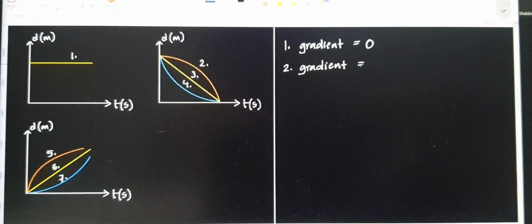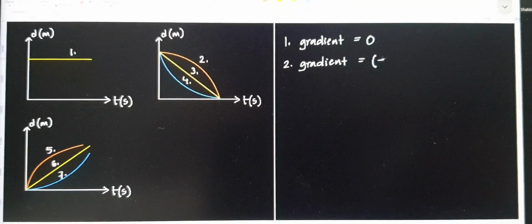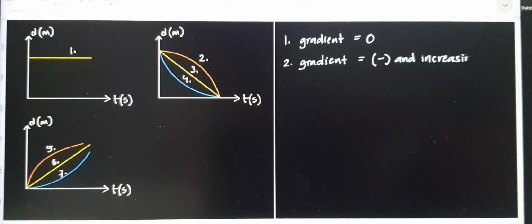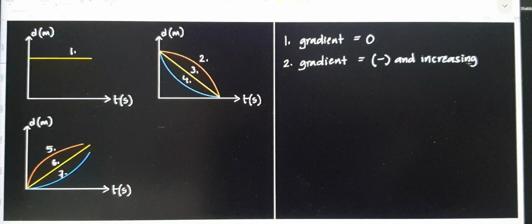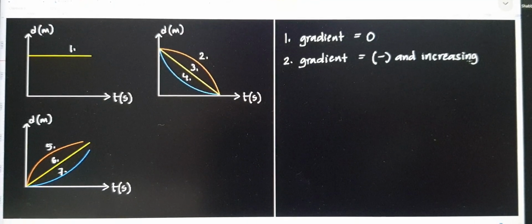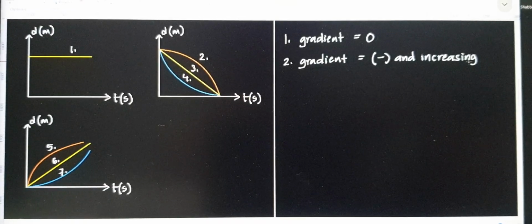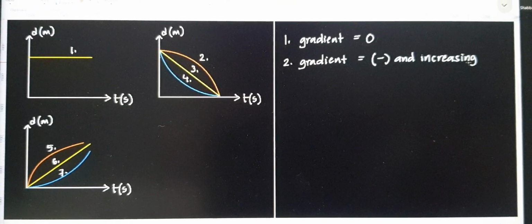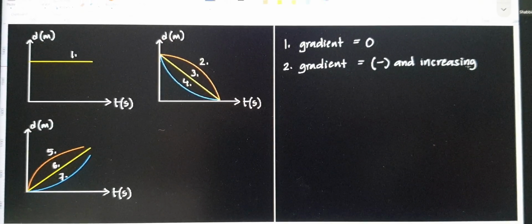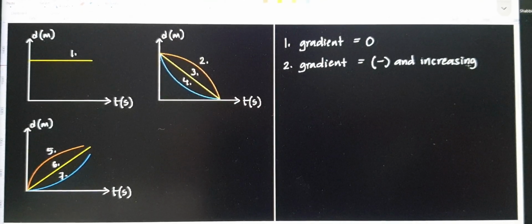Right? So negative, I understand. But how is it negative? And I am writing increasing. How do we know it is increasing? Negative though we understand. How do we understand? The end of the graph is lower than the beginning of the graph. That's how you know the gradient is negative. Right? Negative slope. Okay. But it slopes down as a curve. Then how do we know the gradient is increasing?